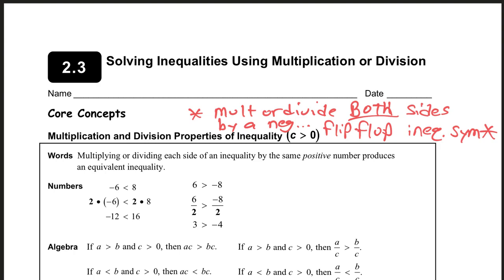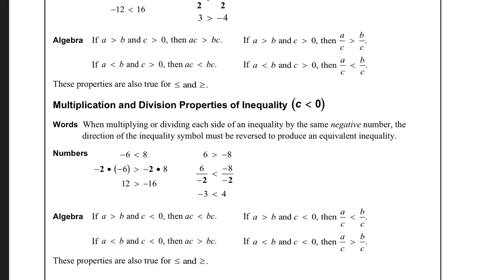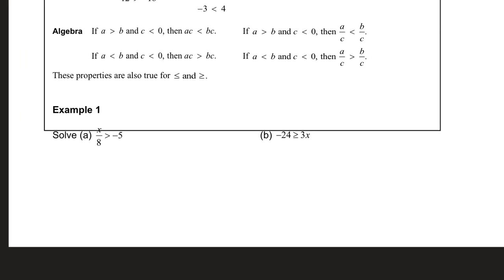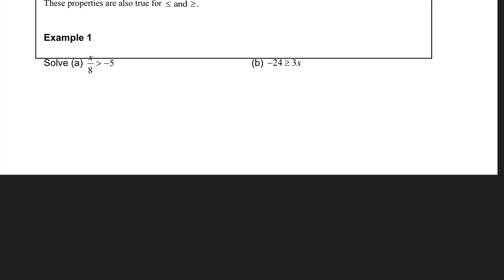So with that being said, let's go down to example 1 here. I know it's a little written off the paper, I'm so sorry about that. Example 1a solves x over 8 is greater than -5. I'm going to rewrite this so it's easier to see. To get x by itself, I'm going to get rid of a divide by 8, which is multiply both sides by 8.